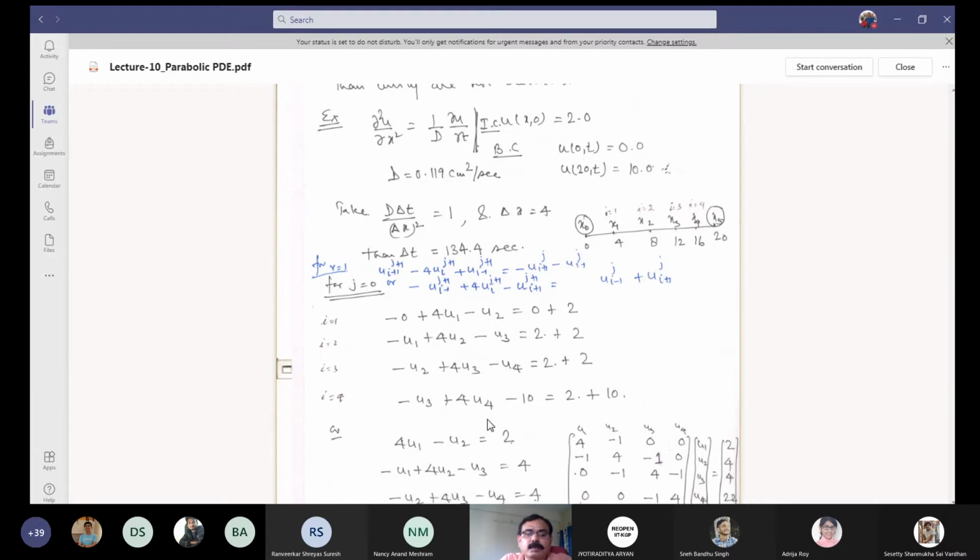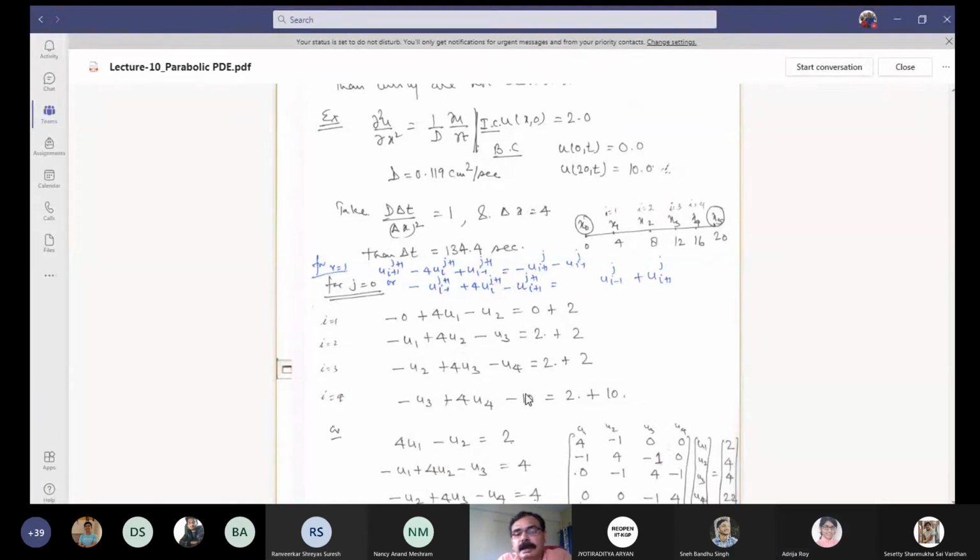Now the last one we'll see. When i equal to 4, this side there is no trouble. I equal to 4 means u5, and then 1. u5 means the other boundary condition for all t, it is your 10. So that's the reason 10 is written here. Is that right?